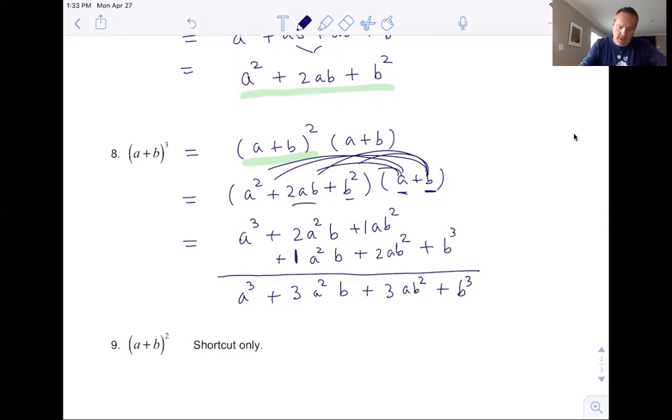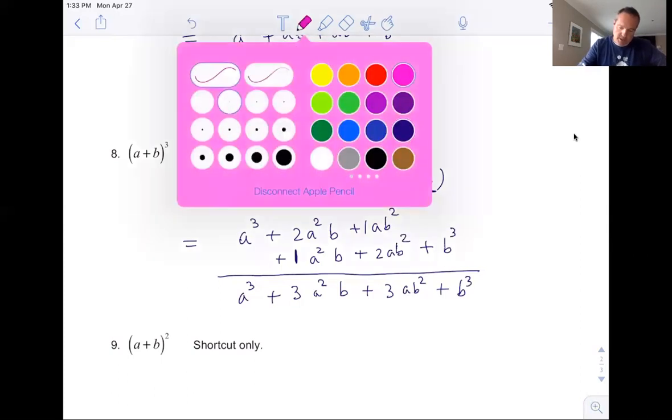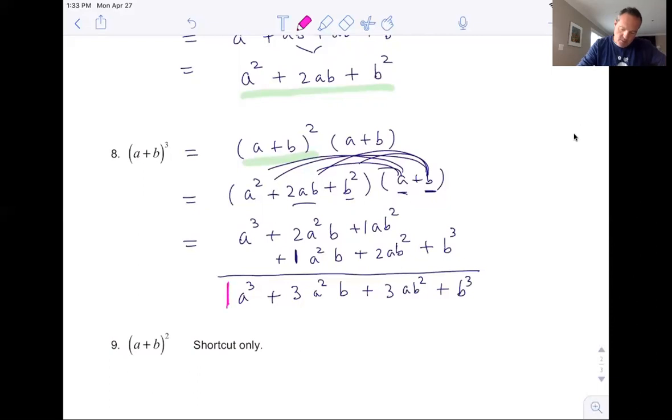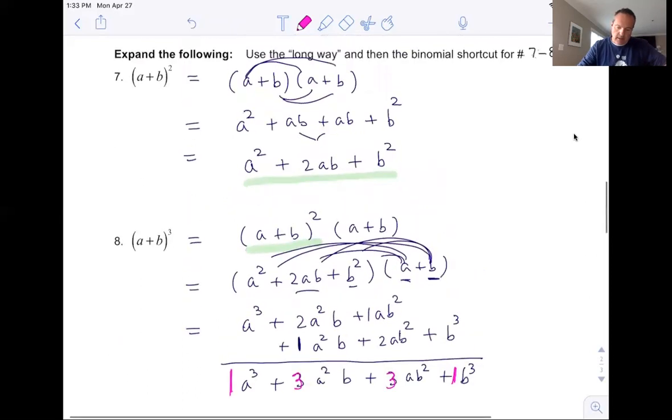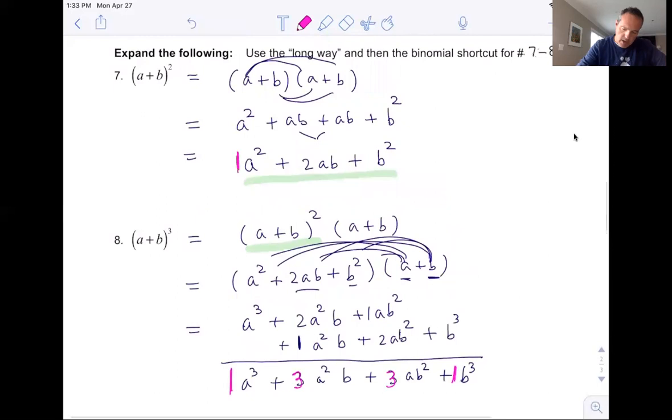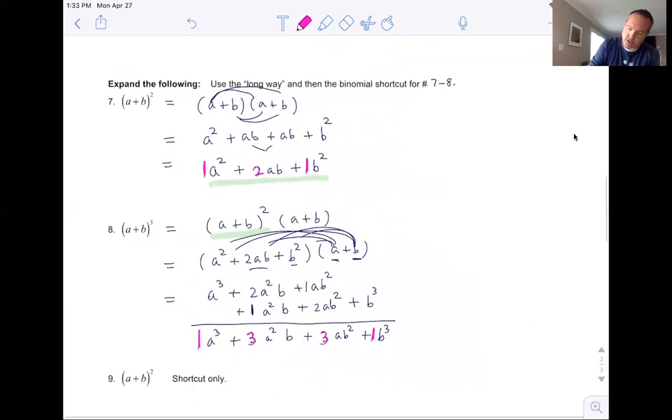The important numbers here are the coefficients. I think that's what I want you to notice about this. It turns out those numbers, and I'll highlight the coefficients in number 7 as well, are those choose numbers, or those binomial numbers we talked about on the front of this worksheet and in prior videos. And on the side here, just because it's so important, I'm going to copy down Pascal's triangle again, and you'll see what I'm talking about.